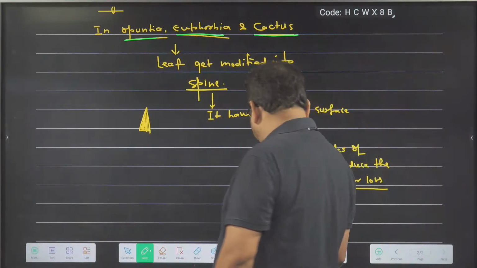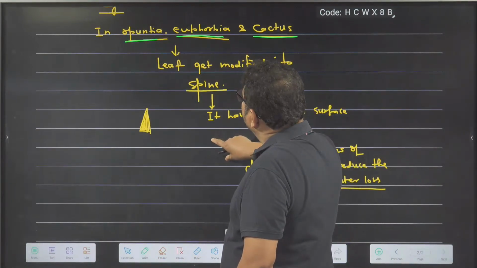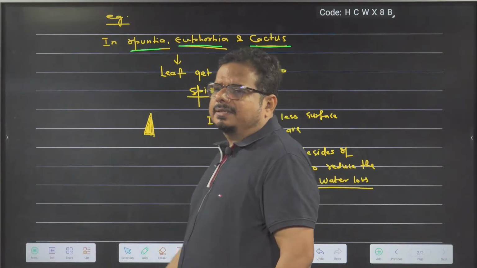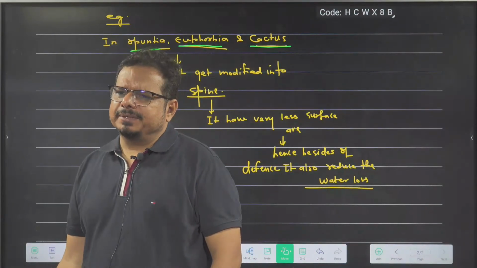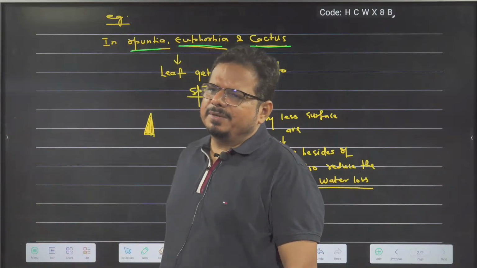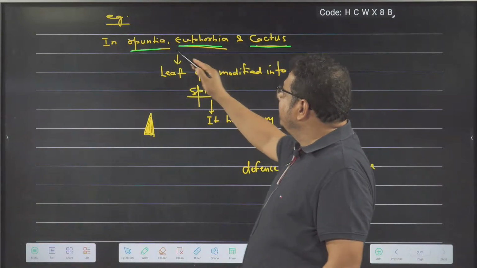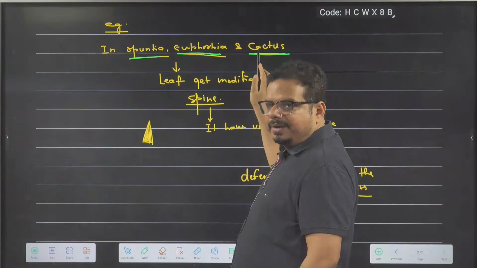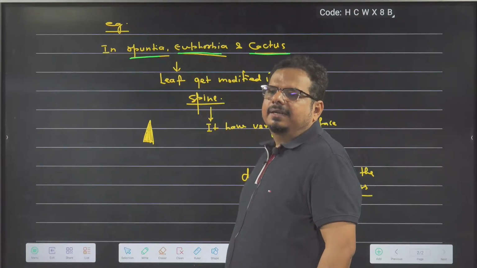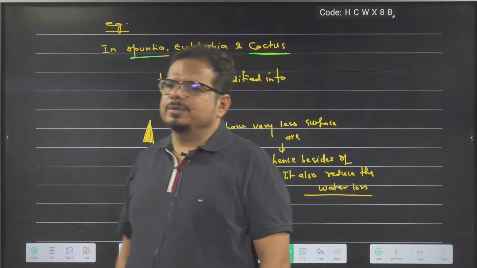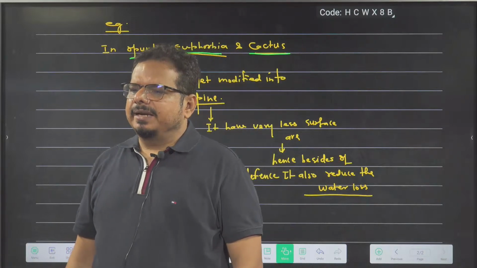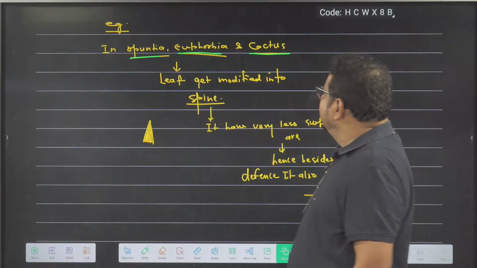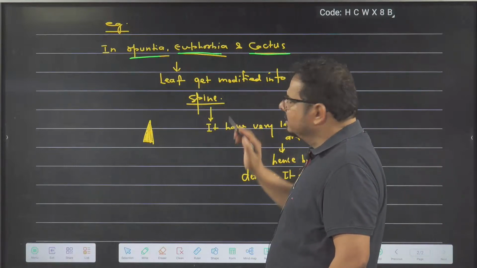Now pin your answer: in Opuntia, Euphorbia and cactus, the stem modification serves which purpose and the leaf modification serves which purpose? The stem modification is called phylloclade. And that phylloclade is for which purpose? Photosynthesis. Agree or not? And the leaf modification is called spine.